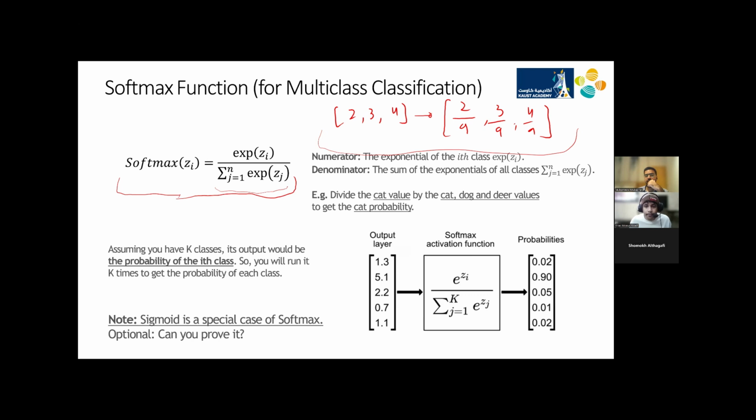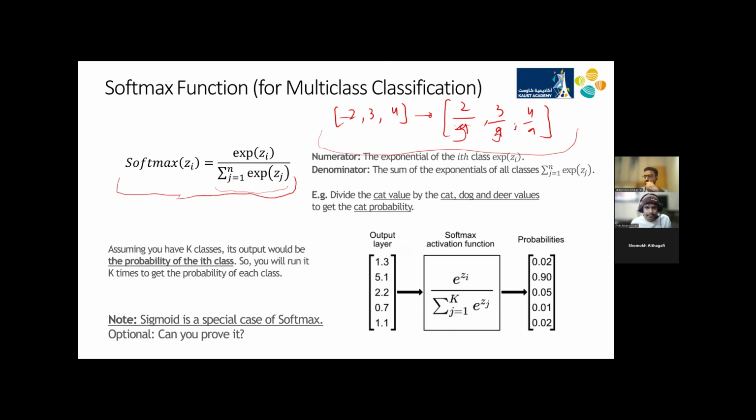Okay. The other reason and the main reason is: what if the model predicts negative values, right? So let's say we have something like -2 here. Now the sum would be, sorry, 5, right?